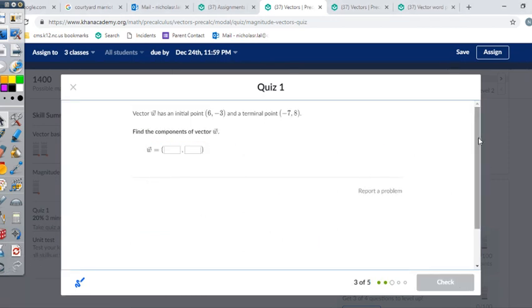Vector w has an initial point 6, -3, and a terminal point of -7, 8. Find the components of vector w. So let's plot our initial point, which is 6, -3. This point will have an x value of 6 and a y value of -3.